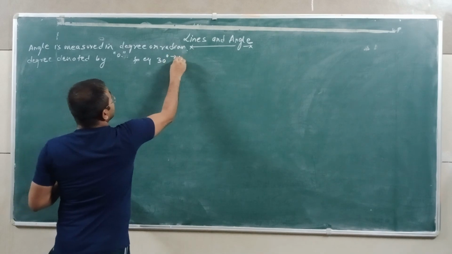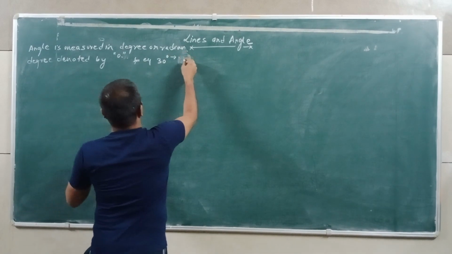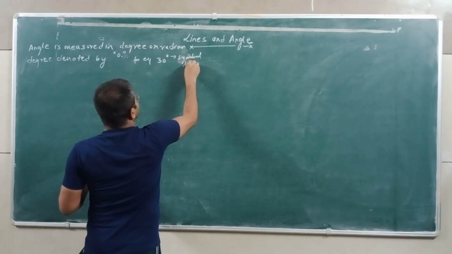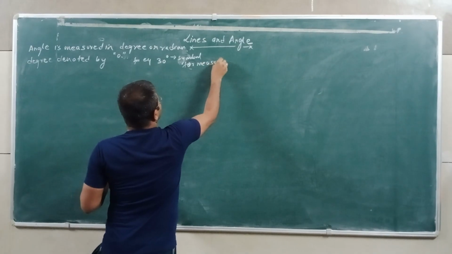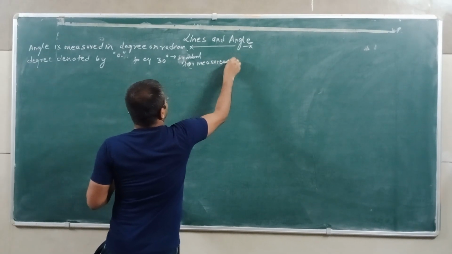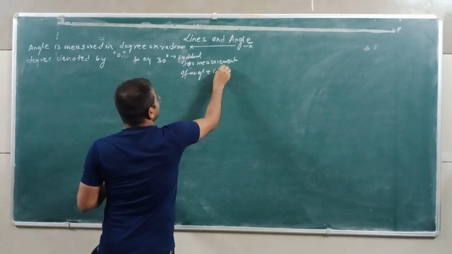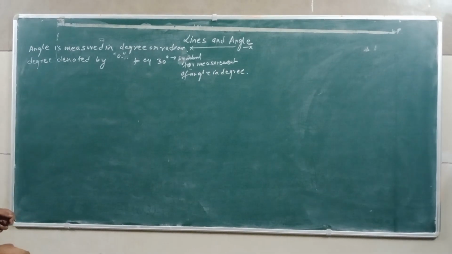So this is the symbol you can use for measurement of angle in degree. Okay, so this is the degree form.